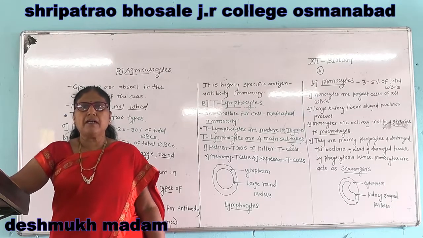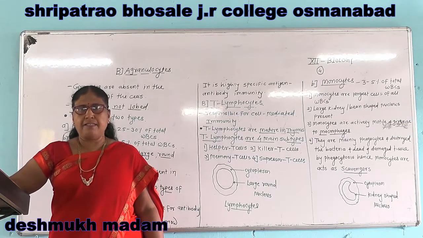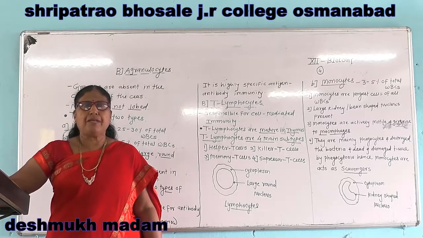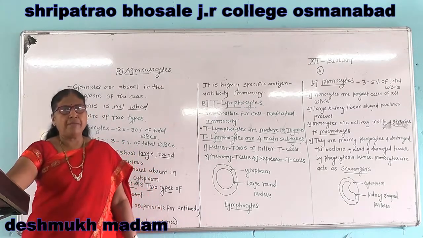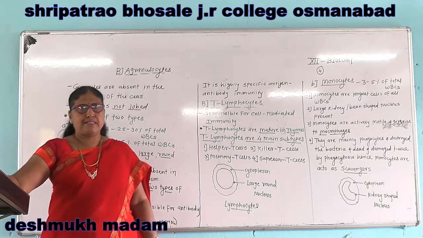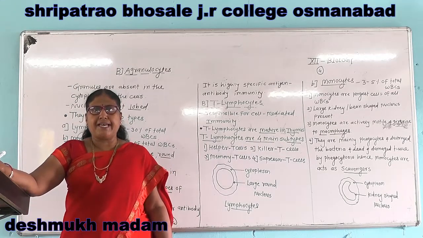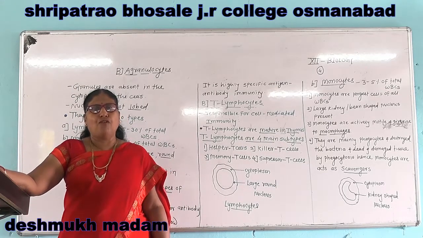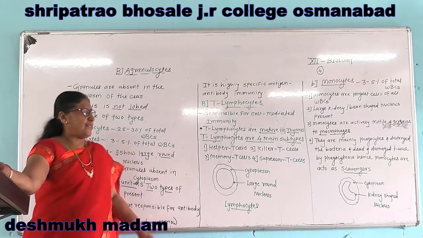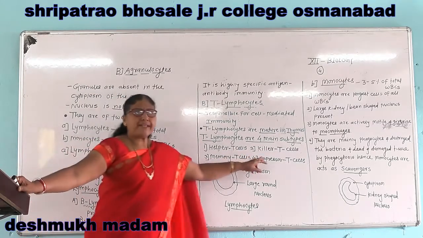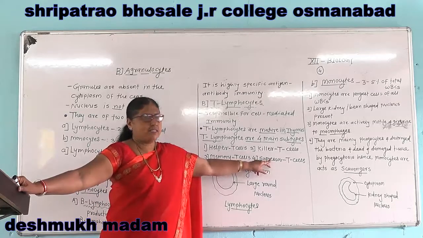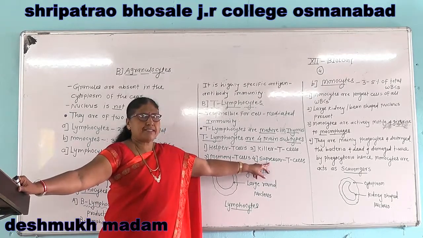The third type is the memory T cells. And the last, fourth type is the suppressor T cells.